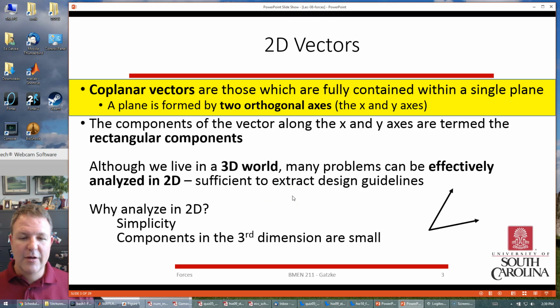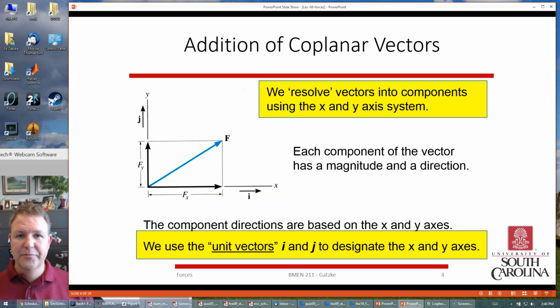So we try to figure out how to resolve or simplify our models, our problems, into a two-dimensional application. It's just simpler, and a lot of times the components in the third dimension are small, or they're just repeated for what ends up looking like an infinite amount of time or an infinite amount of values. So 2D analysis can often be adequate for at least a first pass in many of our engineering problems.